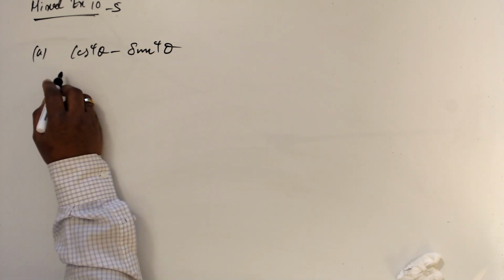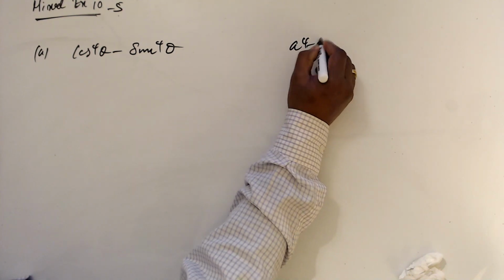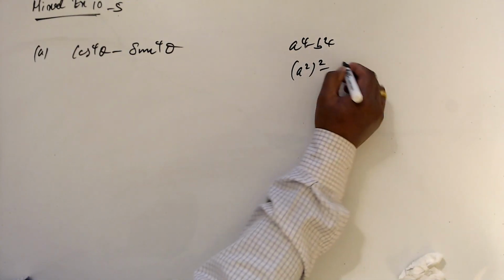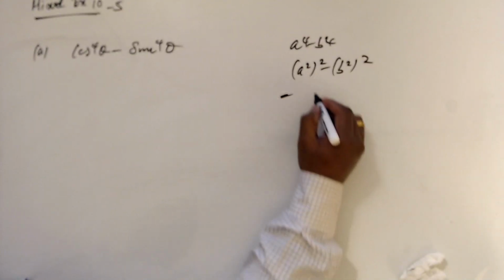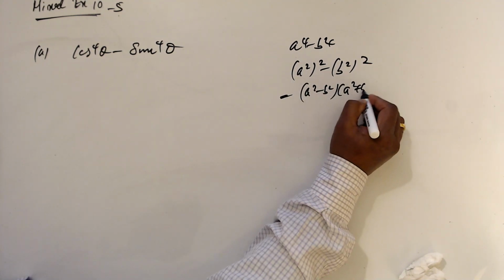Now simplify this one. We did this kind of thing before: a squared minus b squared, and a squared plus b squared.